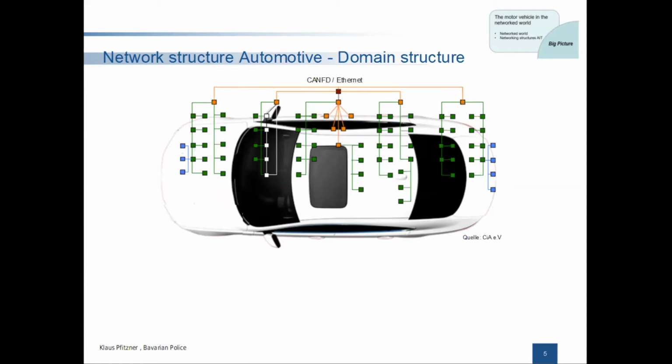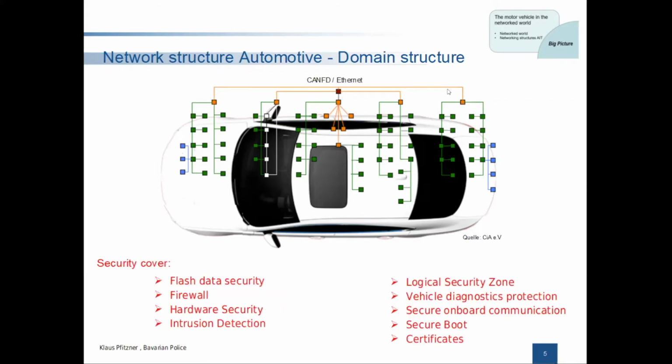Within the individual domains, master control devices manage various functionalities, including extensive automotive IT security measures. At this point you see very different security elements, like the firewall, logical security zones, and security boards. This domain structure you see in the field by Daimler.